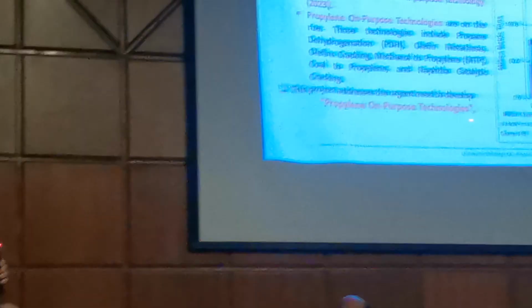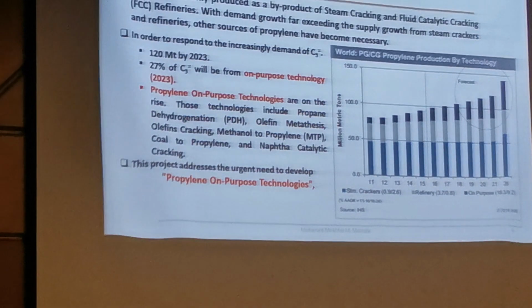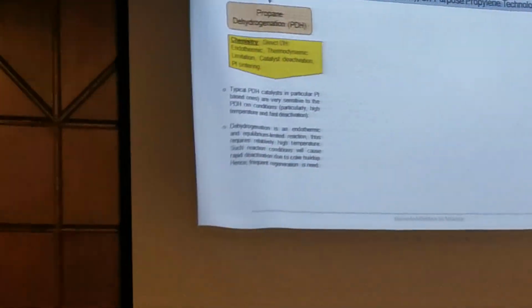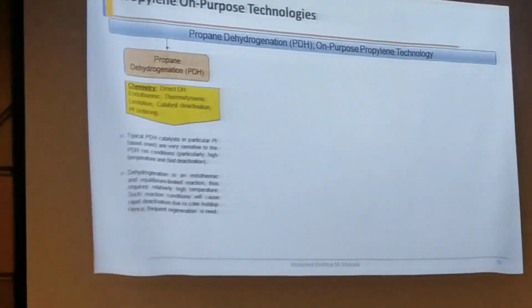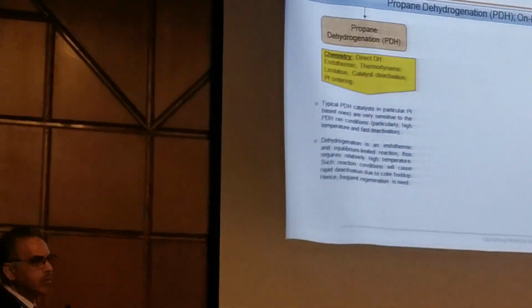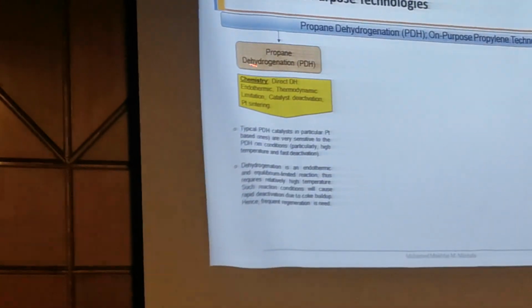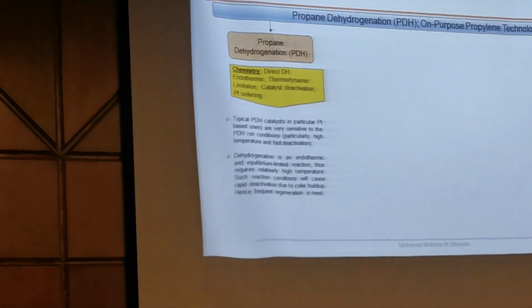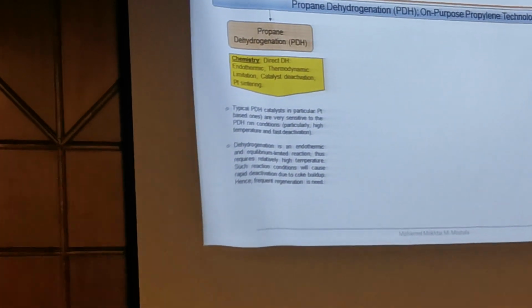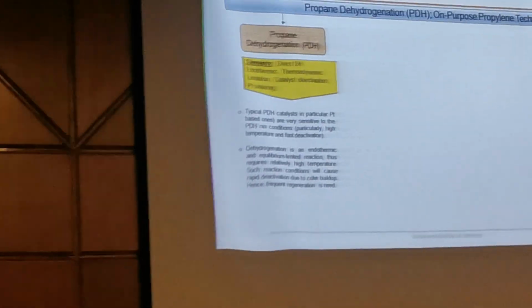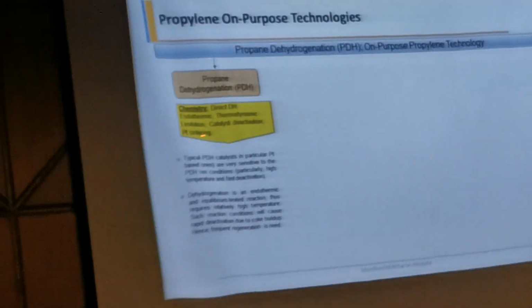So what is the on-purpose propylene technology? We have to go through the methods of preparation of propylene from propane. First, we could do simple dehydrogenation of propane to propylene, and there are already some pilot plants producing this. But what are the problems of this step? It has thermodynamic limitations.